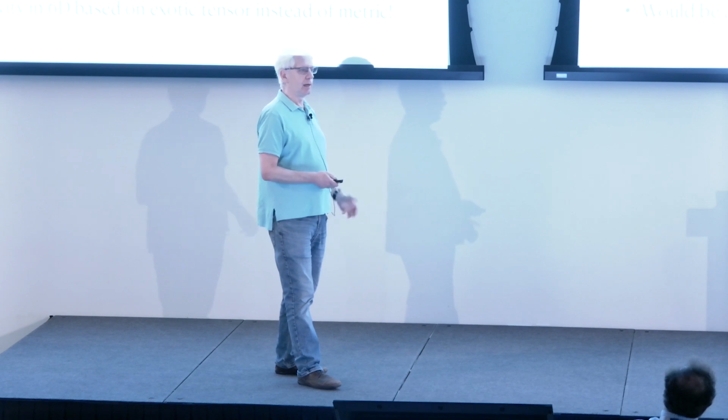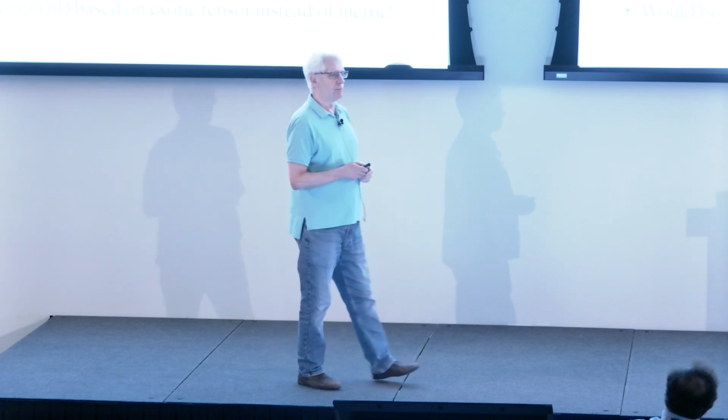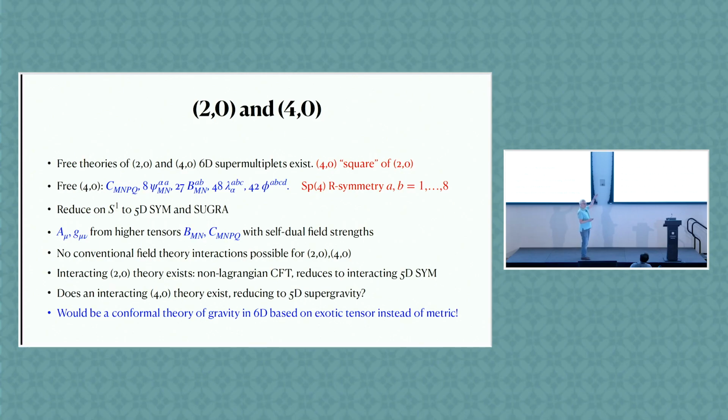A lot of what I'm going to talk about concentrates on going from 6 to 5. There's a very interesting story which emerges when you go from 6 to 4, and it gives a very important six-dimensional origin for S-duality for the Yang-Mills. It's also very interesting for gravity, but I'm not going to talk about that today.